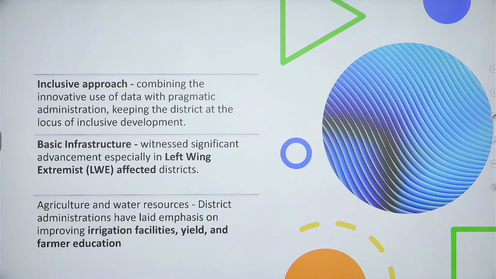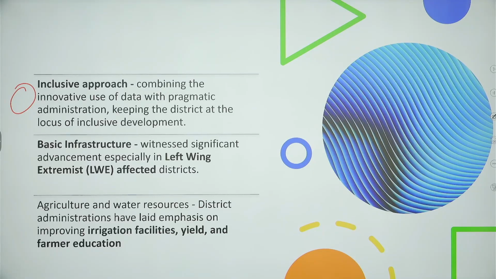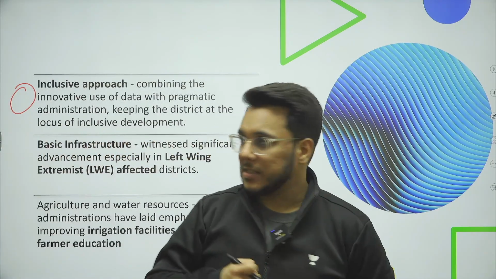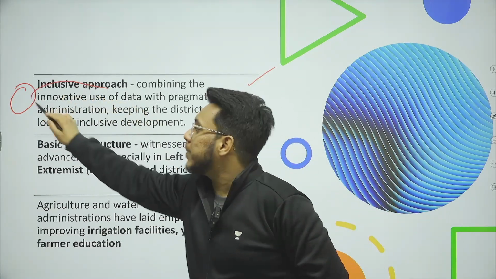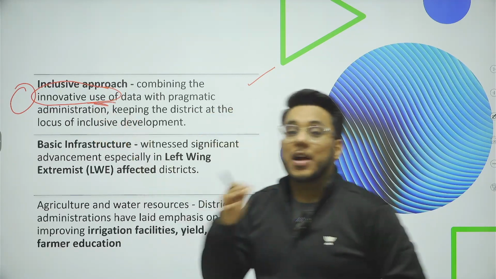Next, it is also focusing on an inclusive approach. Guys, often we find that there are certain sections of society which are always ignored, left at the peripheries. Now, an inclusive approach is being focused on here. Along with that, evidence-based decision making is being done because there is innovative use of government data.